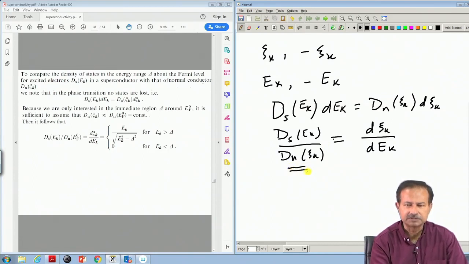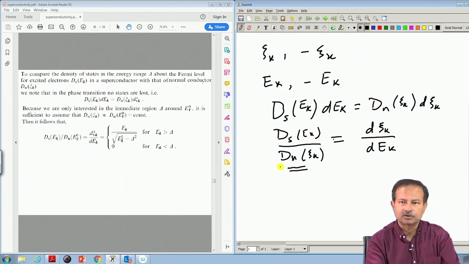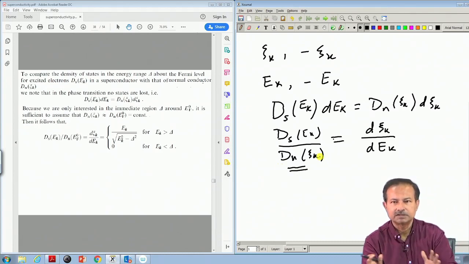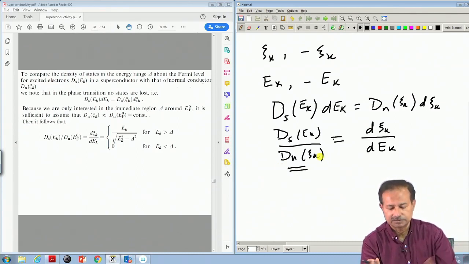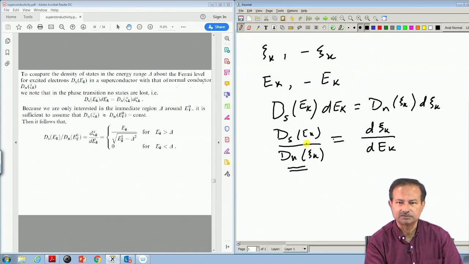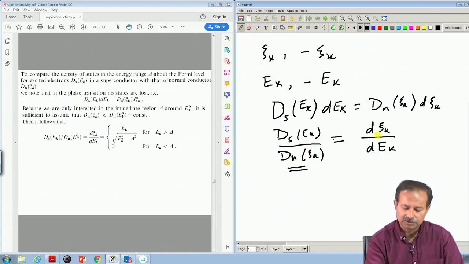This is easily calculated. One replaces the normal density of states by its Fermi level value, because for all practical purposes in 3 dimensions it is more or less constant, and in 2 dimensions of course the density of states is a constant, so you can replace it by its Fermi level value without any loss of generality. So, all you need to calculate is this one.